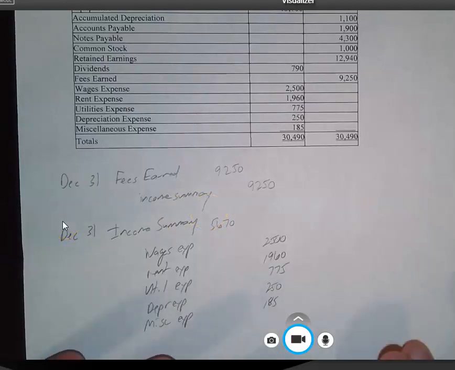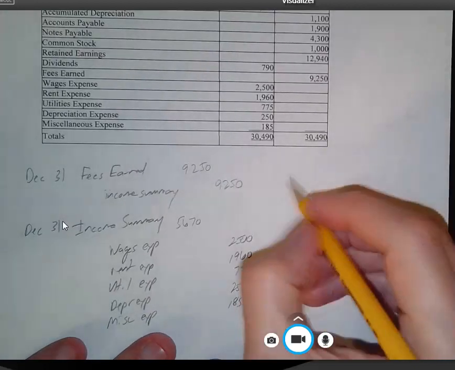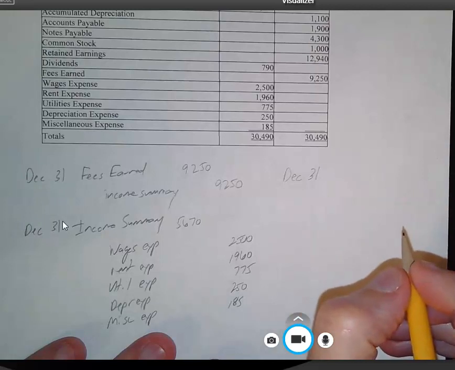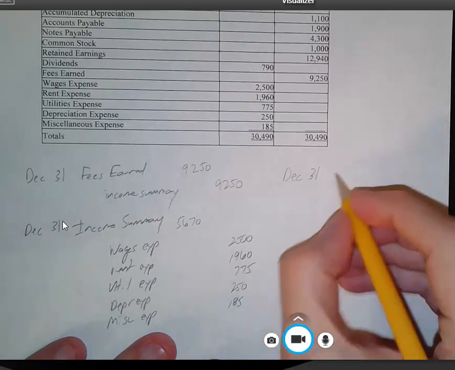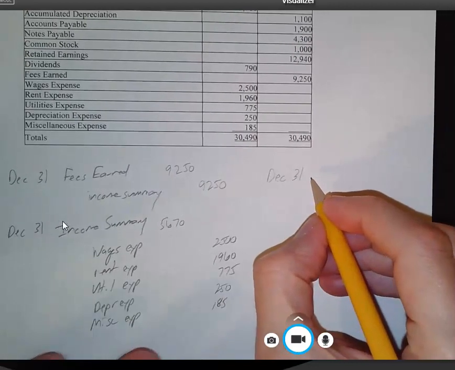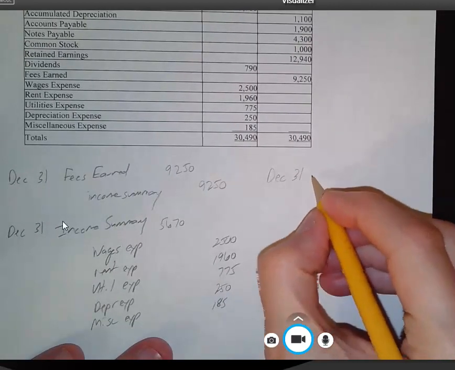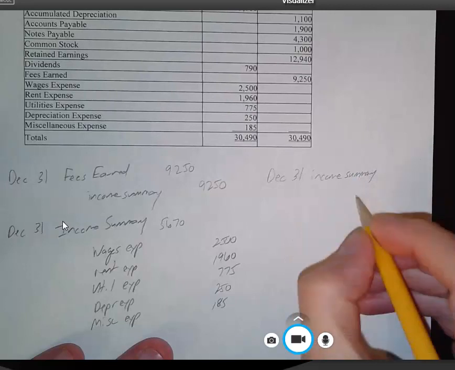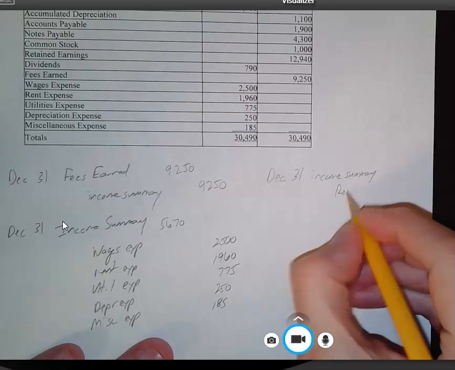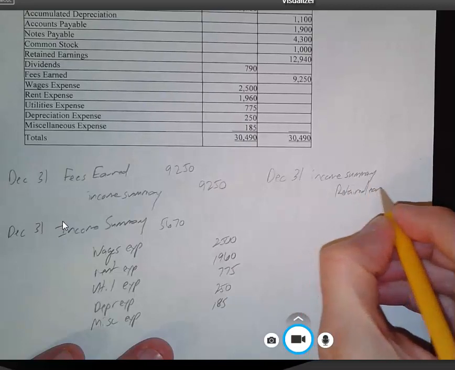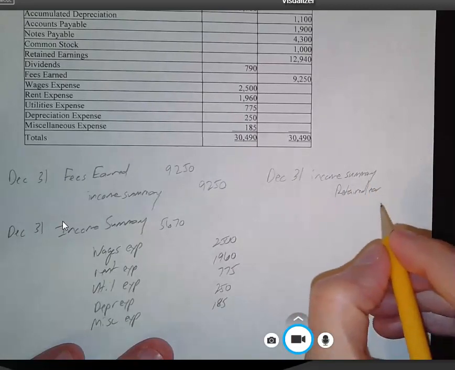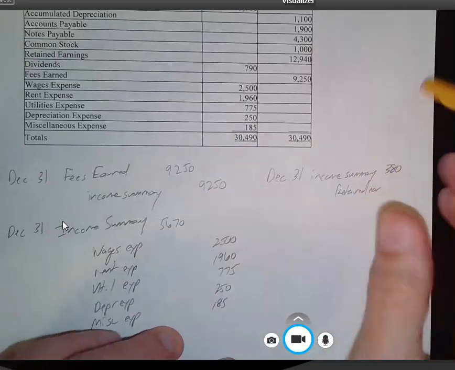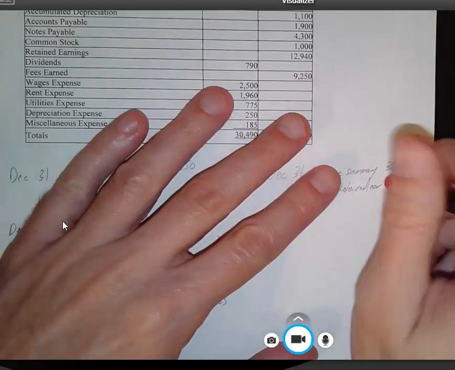So if we have a credit balance, our third closing entry on December 31st is that we are going to debit income summary, and we're going to credit retained earnings. I'm going to abbreviate. That's retained earnings.